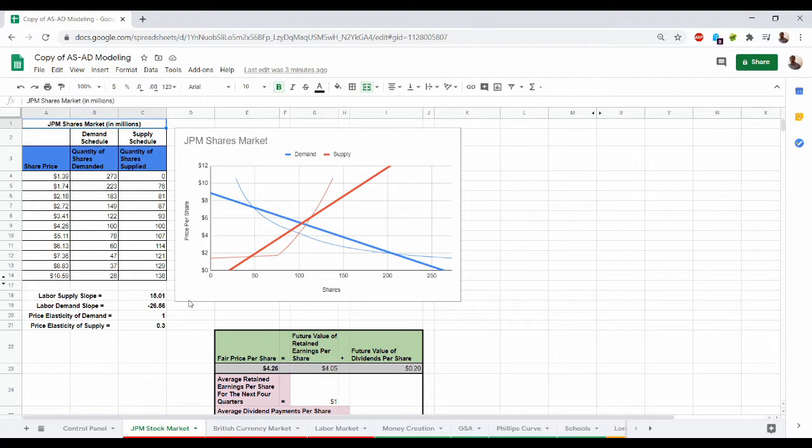And to get an idea of what the fair share price would be, right, we would have to consider a few things. First, JP Morgan Chase is not a sole proprietorship. It's not a partnership. It's a corporation, right? It's organized under corporate legal structure. Under that structure, it has public shareholders, and those public shareholders basically own a piece of the company to the extent that they have a right to a certain proportion of earnings.